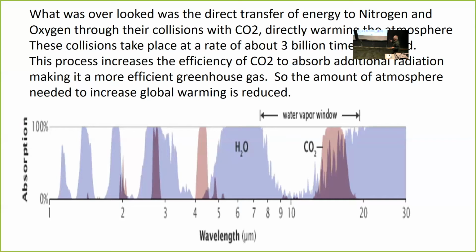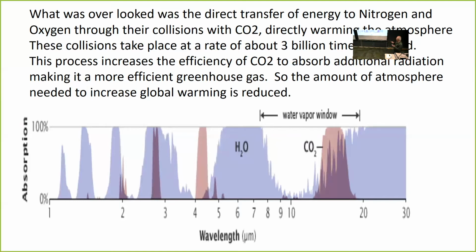So what they say is that when you look at this spectrum here, there's a serious problem here. Does anybody know what it is? The tops of these things are all flat. Does anybody know why that is? It's basically because the radiation from the ground isn't getting to outer space.